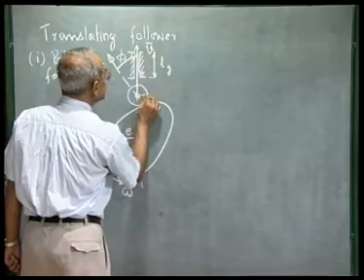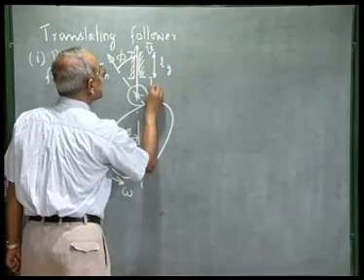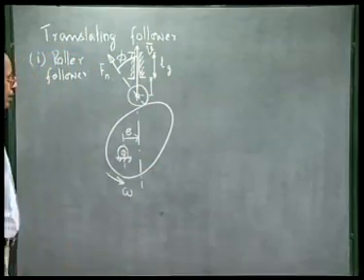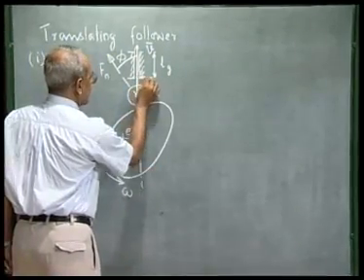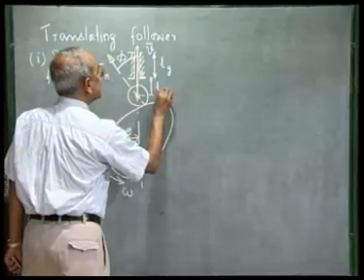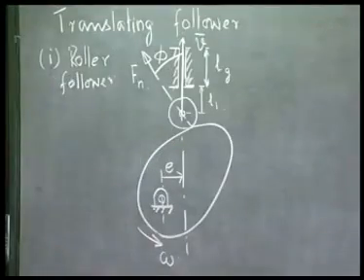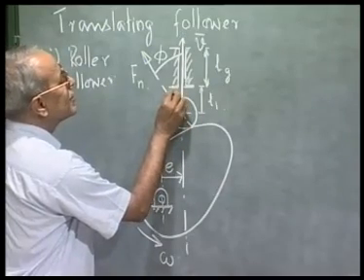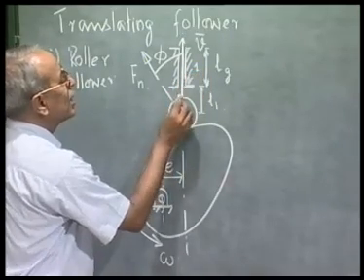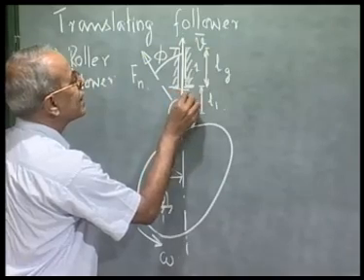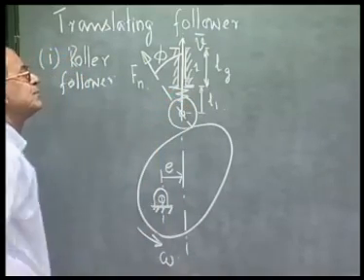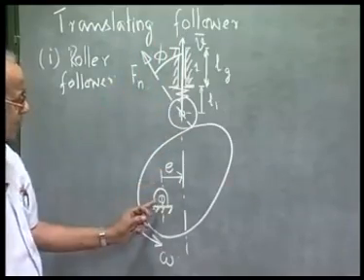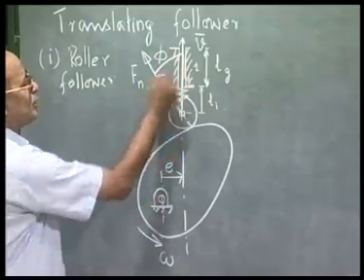And let us say this distance from the roller center to the lower end of the guide is L1. Now, we know there is a spring which connects this fixed link 1 and the follower. There is a spring here. So, as the follower is pushed away from the cam center, the spring is compressed.